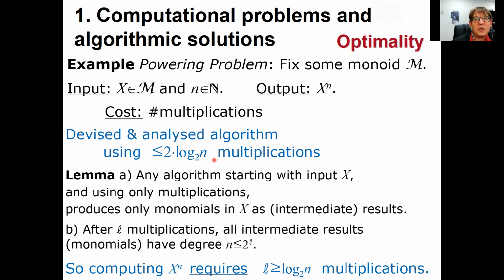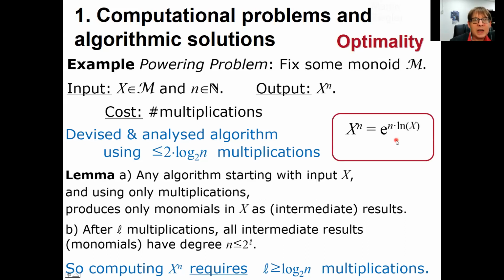And if you're interested in it, you can pursue this by yourself. It's a nice problem. But let me emphasize that all these considerations really apply only since we've specified that our algorithms only allow to use multiplication and we're only counting multiplications.